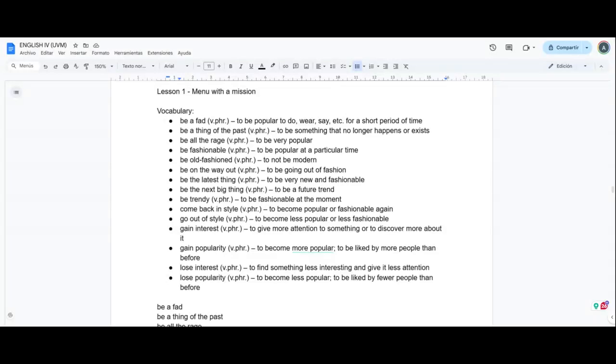Lose interest, to find something less interesting and give it less attention. Lose popularity, to become less popular, to be liked by fewer people than before. Did you already know these collocations before you revised Unit 2?